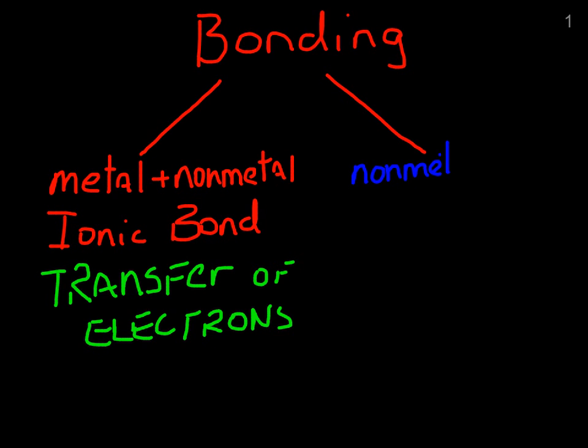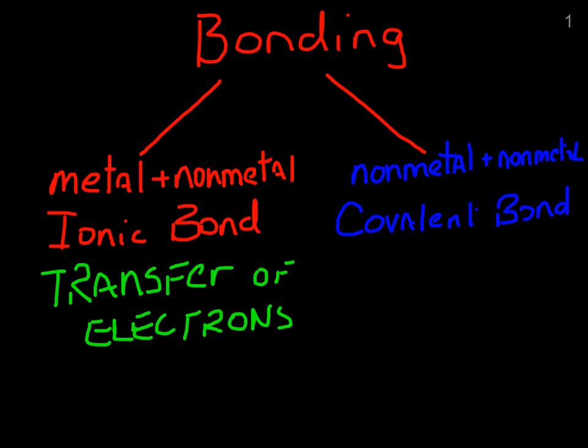So a nonmetal plus another nonmetal. And that particular type of bond is called a covalent bond. And instead of happening because there's a transfer of electrons, in a covalent bond, there's a sharing of electrons.